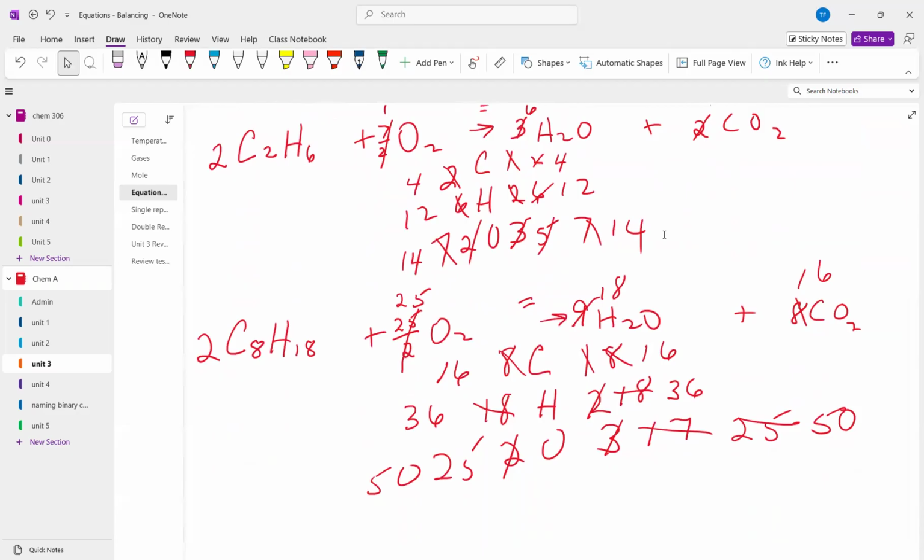Now, air is not all oxygen. It's a mixture, mostly nitrogen, not oxygen. It's less than about 25% oxygen. So we need 4 times this amount. So really we need 100.